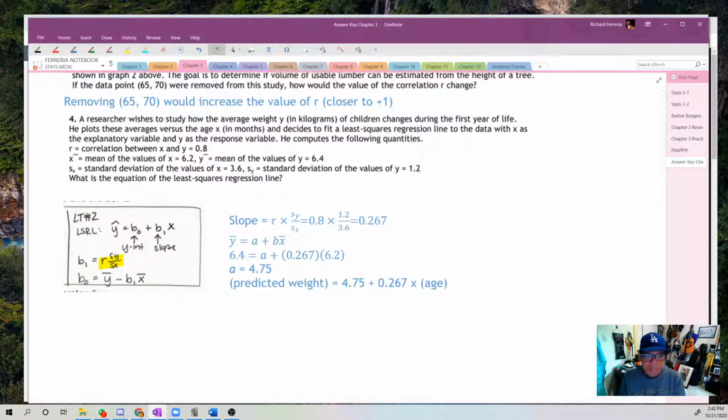In fact, for me, that is preferable because you don't have to take the time to define what y is and what x is. You just write it. So please write your formulas in that manner, your least squares regression lines, with the words predicted weight and age. Don't worry about the y and the x.